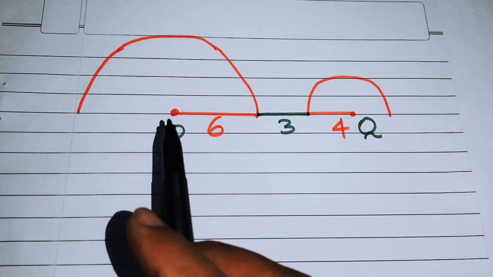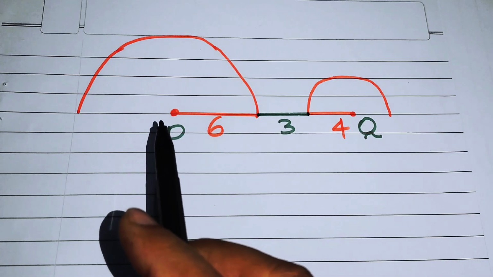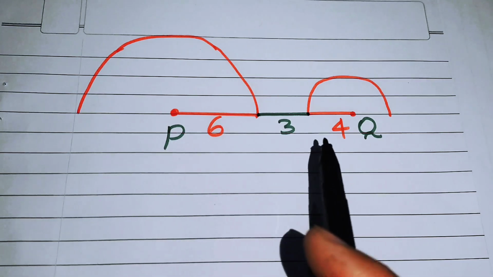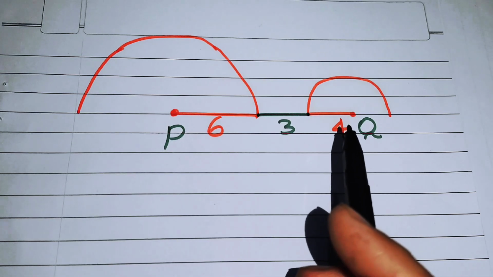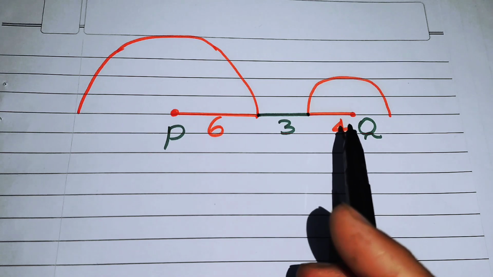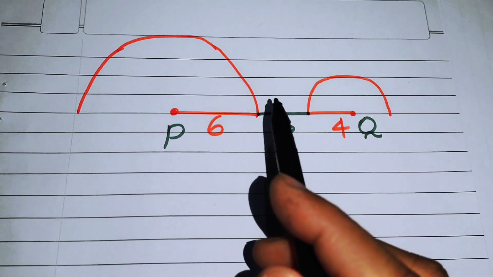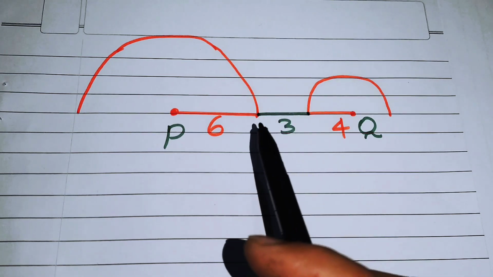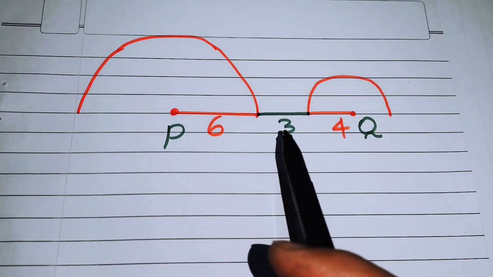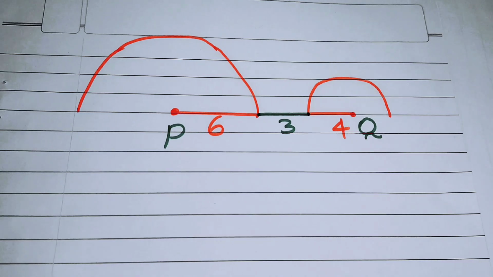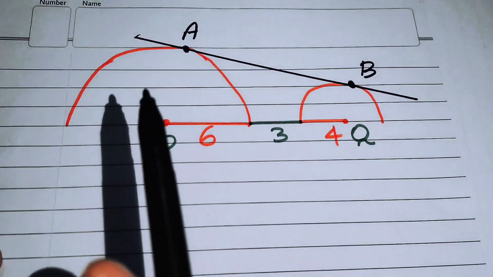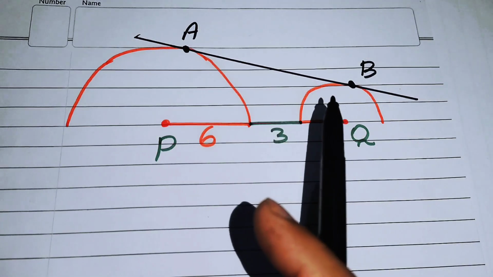We name the center of the larger semicircle P, and the center of the smaller semicircle Q. The distance between these two semicircles is 3. Now our question is to find the length of the tangent AB.